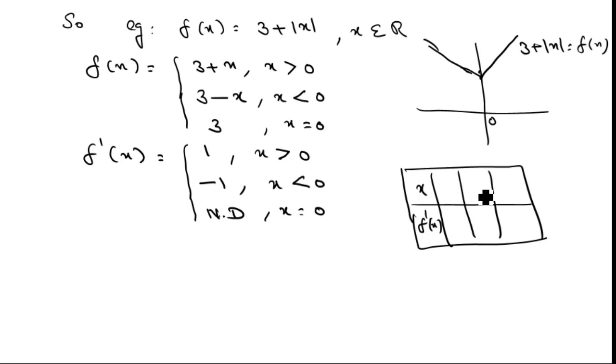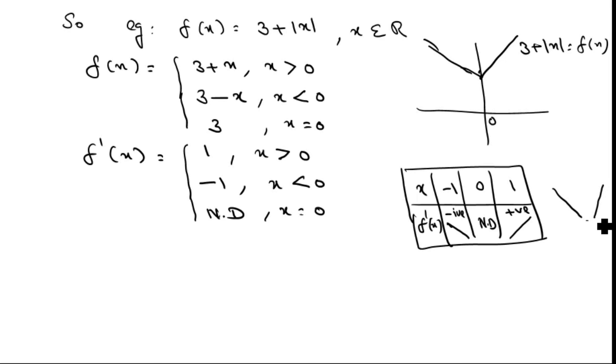Here at 0, it is not defined. Left hand side is minus 1, right hand side is 1. x less than 0 means we got it negative, so the graph is like this. Again x greater than 0 means 1, so it is positive.